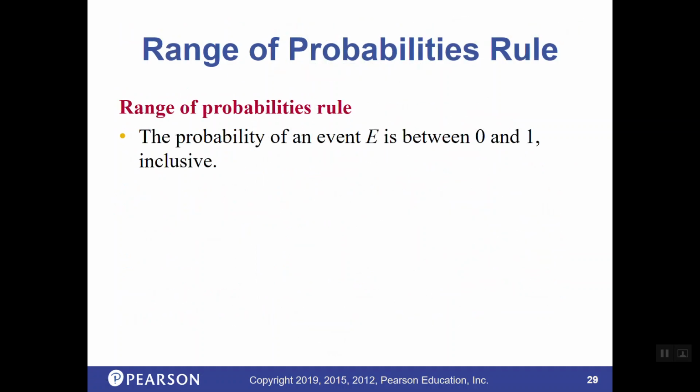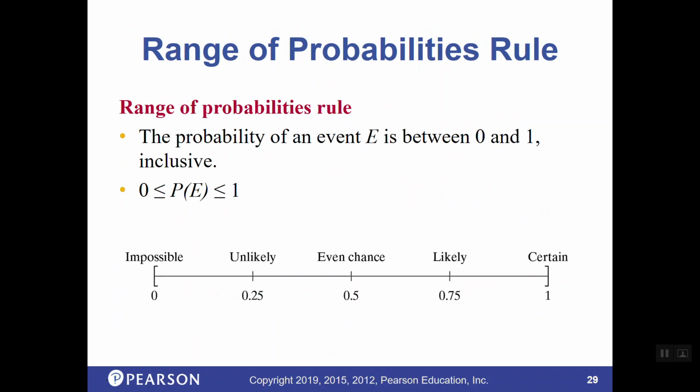Next, the range of probabilities. The probability of an event E is between 0 and 1 inclusive. Okay, it can be 0 and it can be 1, and numbers between those two. So this is a different way of using inequalities to express that the probability of an event can be between 0 and 1 inclusive. That means it can be 0, it can be 1.